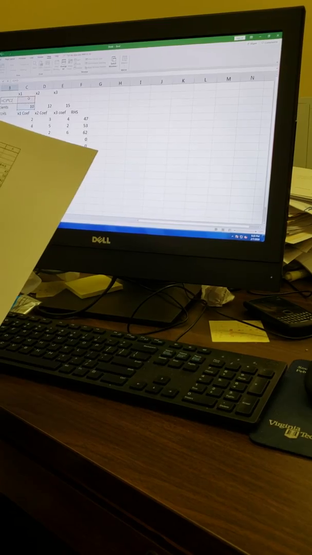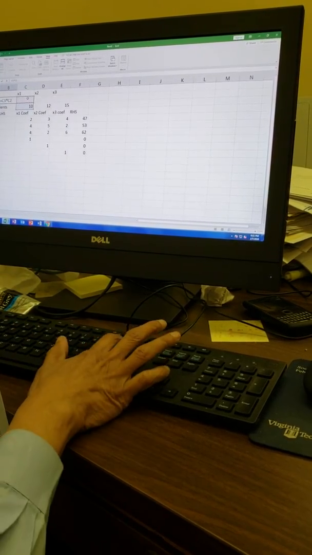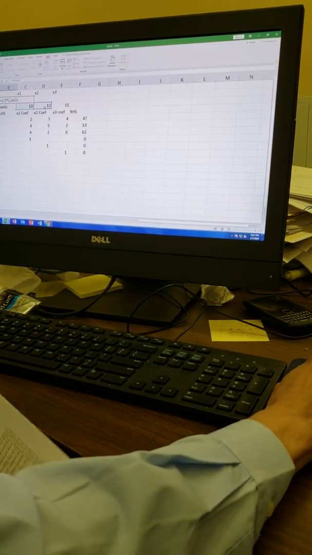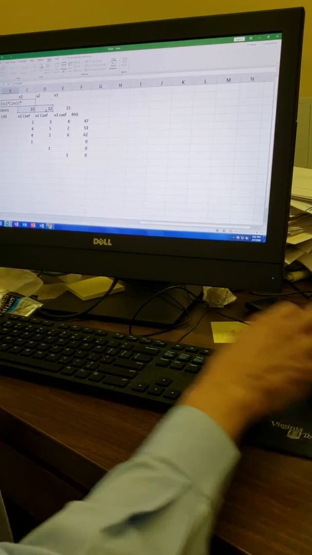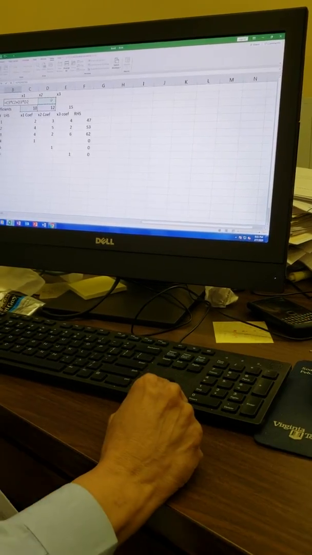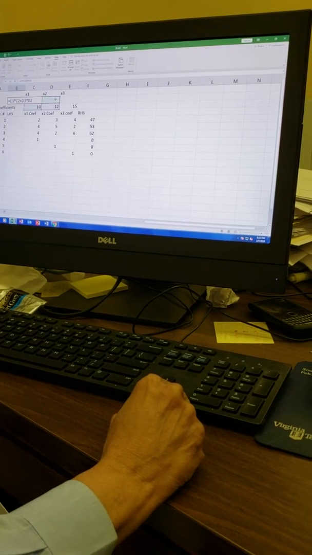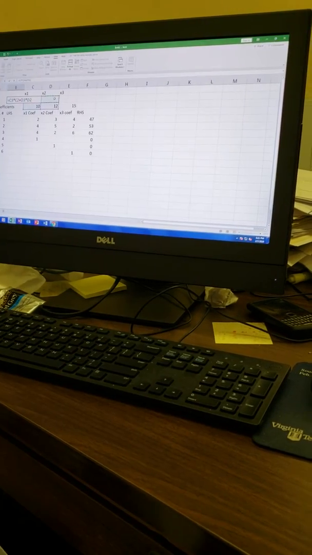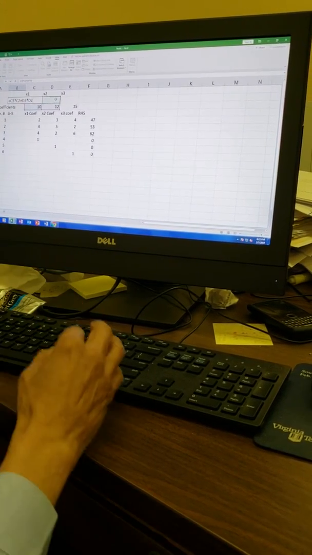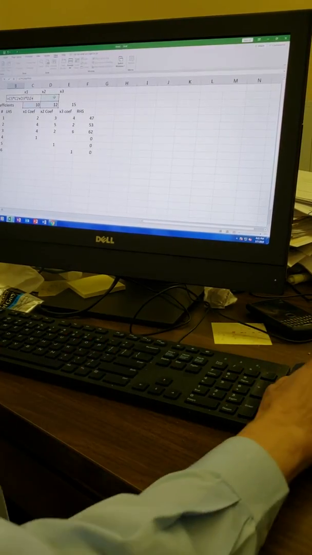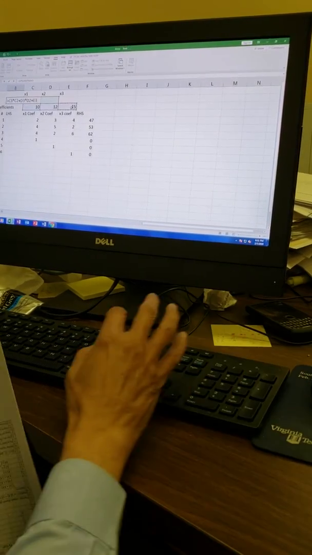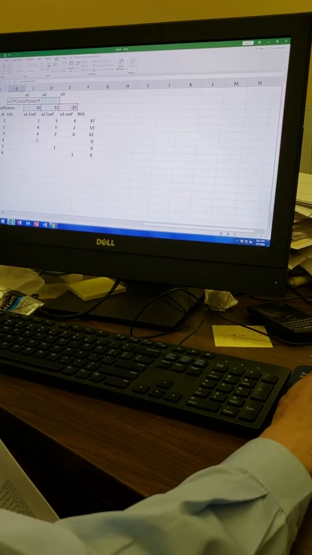The next term is plus 12x2, so add plus this cell multiplied by this cell. No, you don't have to write it down, just follow it. Plus this cell multiplied by this cell.